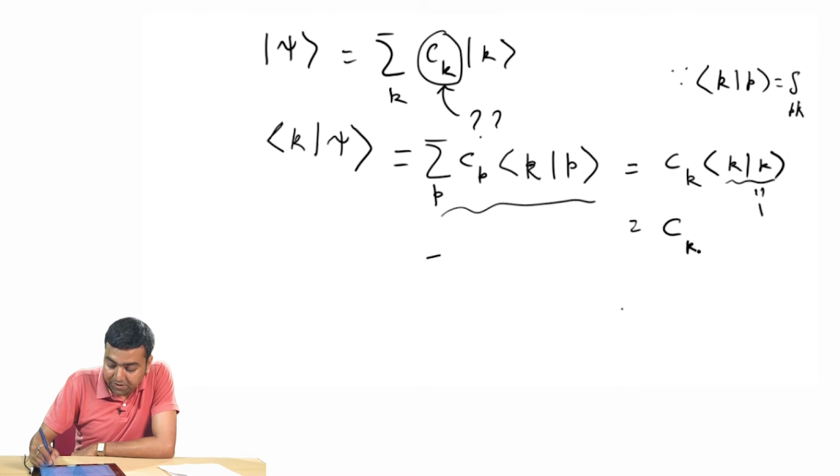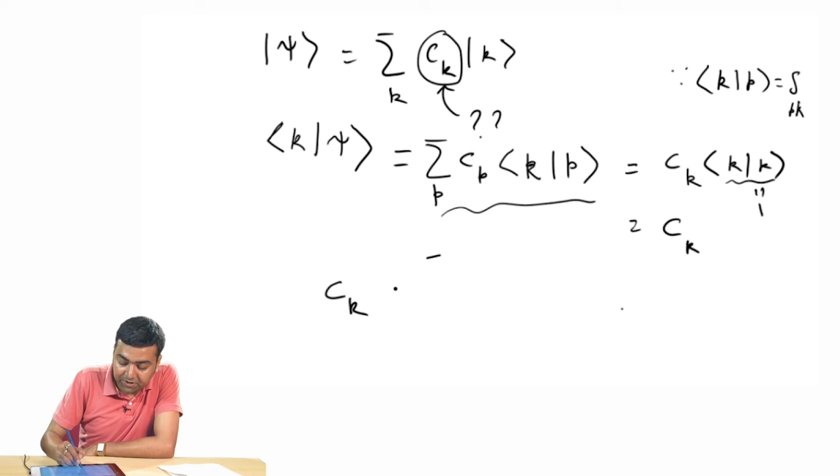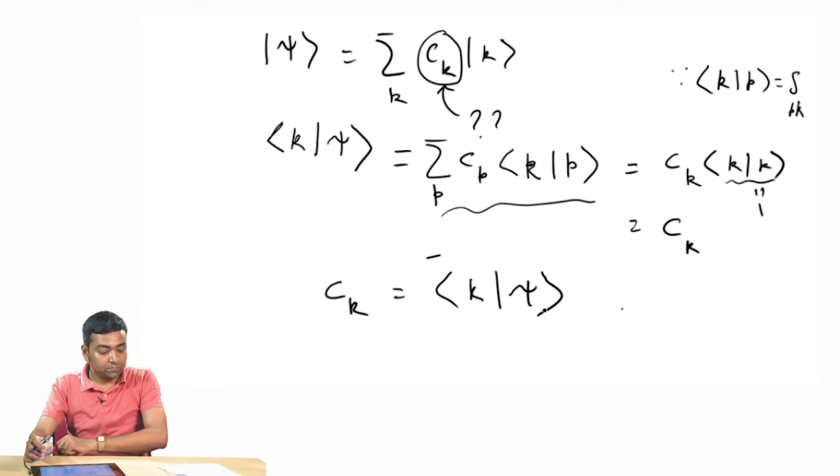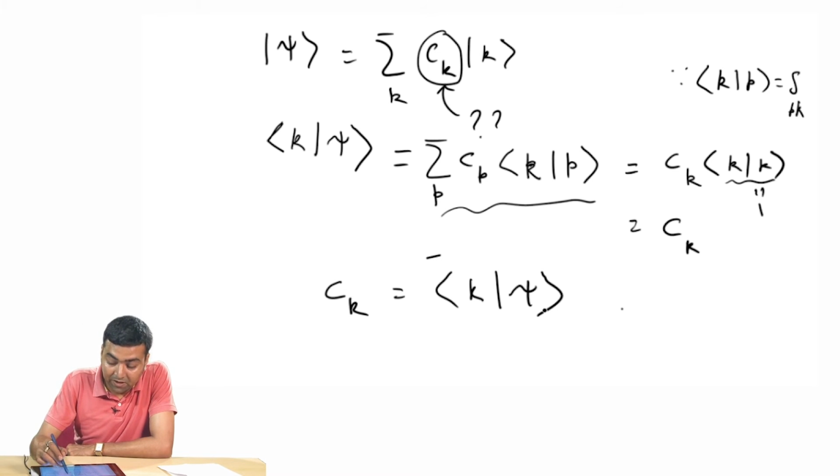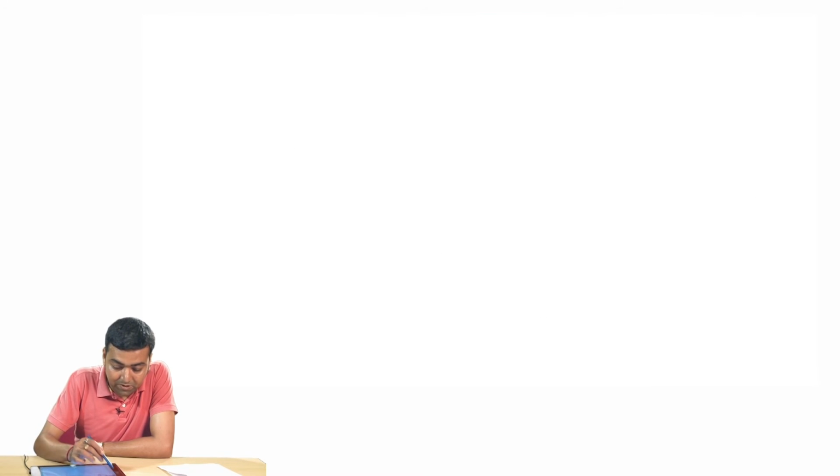So, what I get is c_k. My coefficients are nothing but the projection of |k> on the wave function. The same thing I can write in terms of wave functions using the scalar product, which I will show in the next slide.